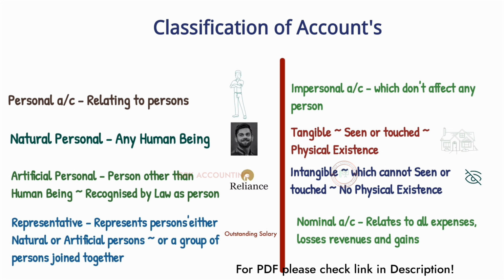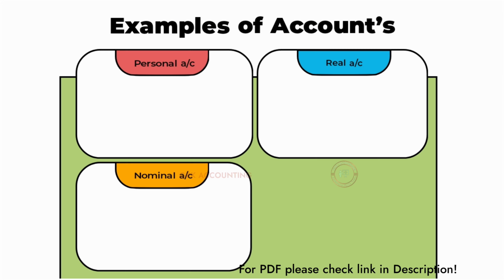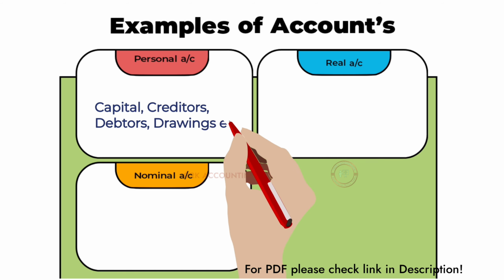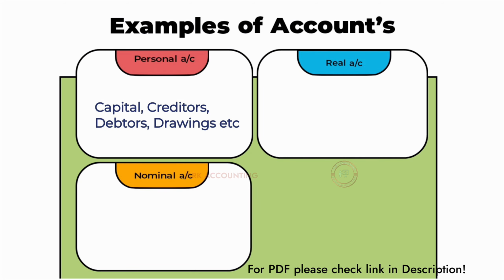Now let us see the examples of each and every account. Personal account examples. First one, capital. Like when the proprietor brings the capital into the business, capital is always a personal account. Creditors, from whom we purchase the goods, will be a personal account. Debtors, to whom we sell our goods on credit basis, will be personal accounts.